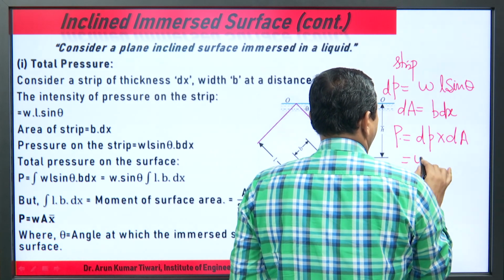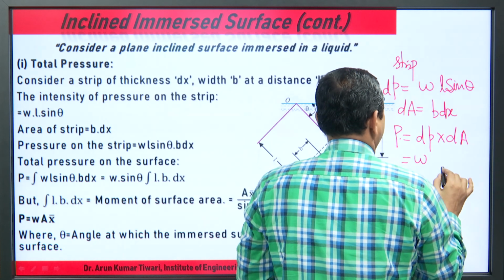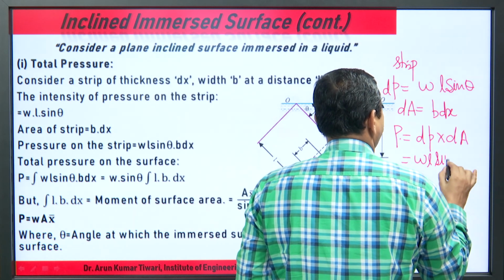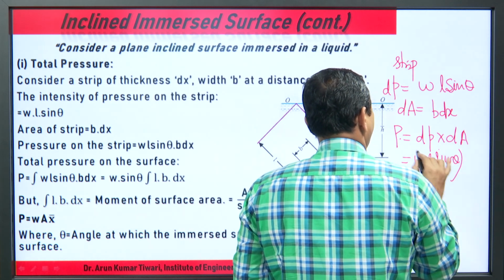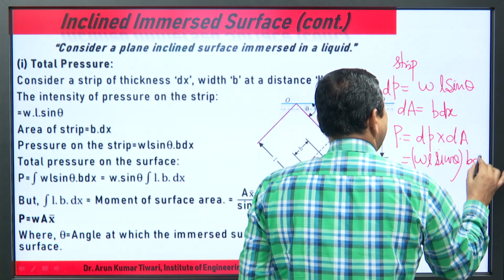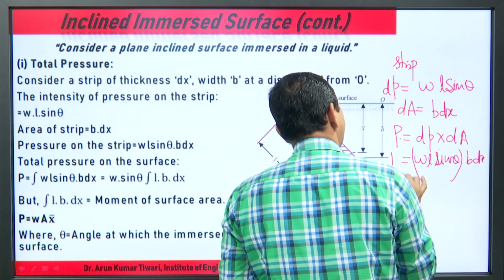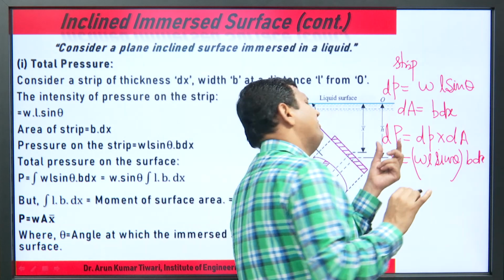So this becomes w L sin theta into B dx, which is dP for the strip.